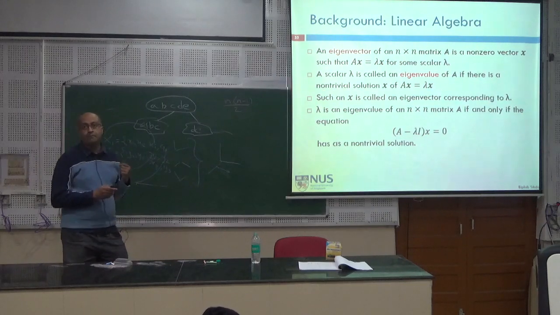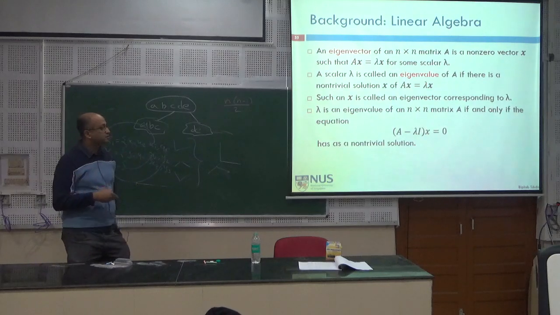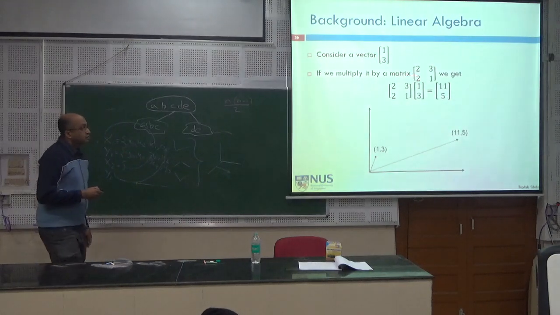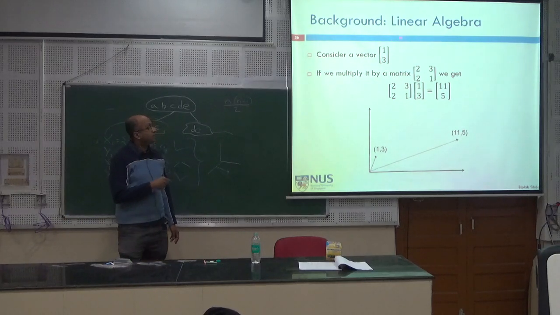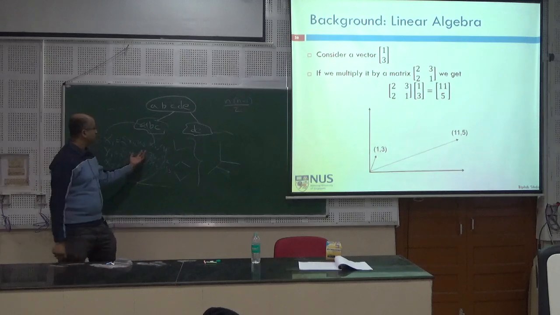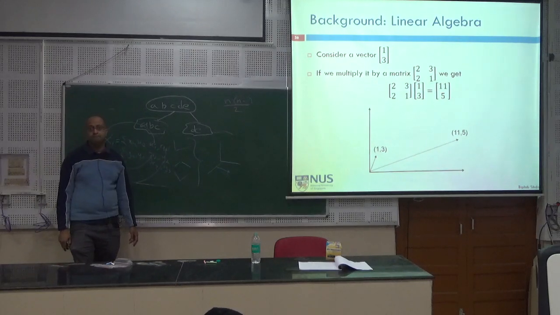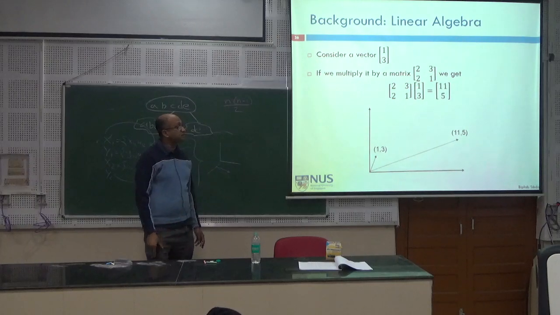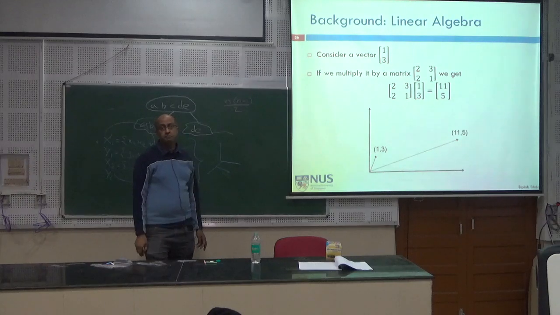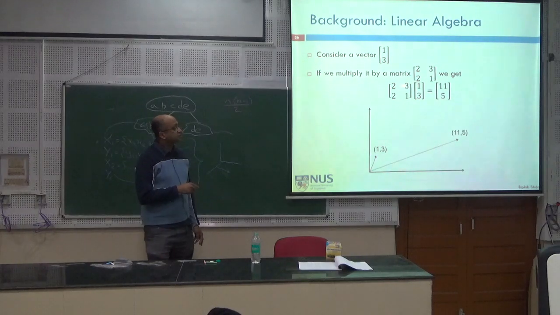That's fine. But what does it really mean when we do this? What is it doing? So consider any vector. Let's say x1 is 1, y1 is 3. And take another matrix. Let's say this is my matrix, 2, 3, 2, 1. Let me multiply them. If I multiply this matrix with this particular vector, this is the answer.